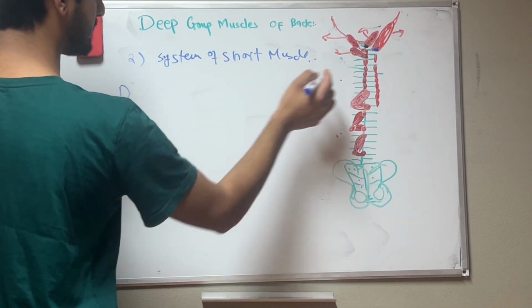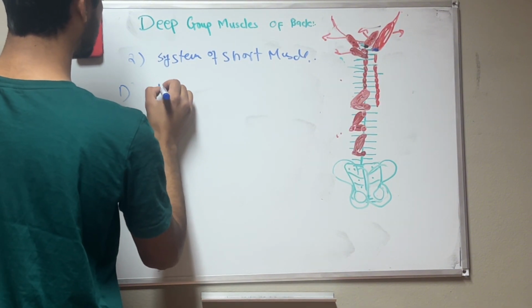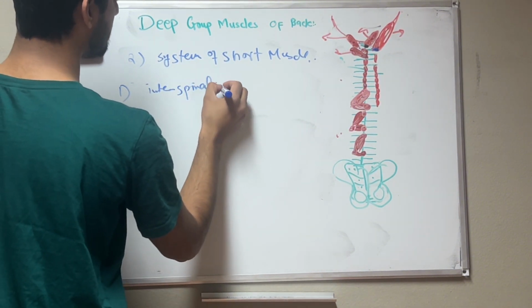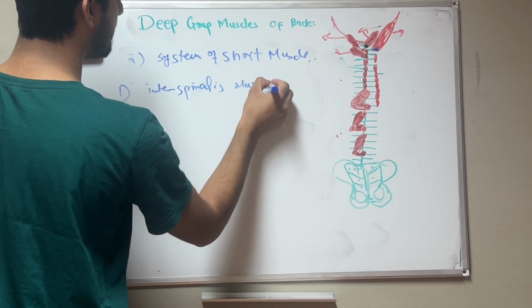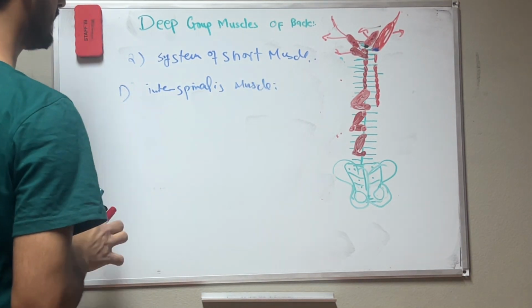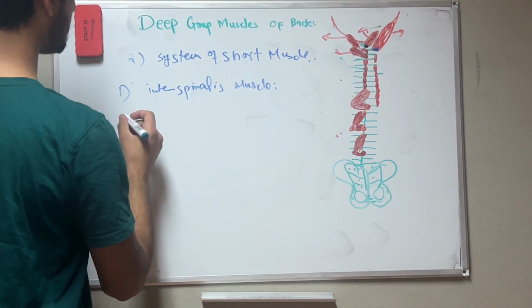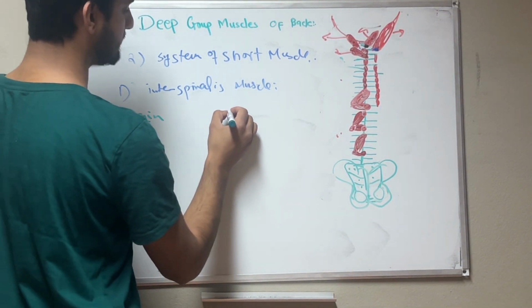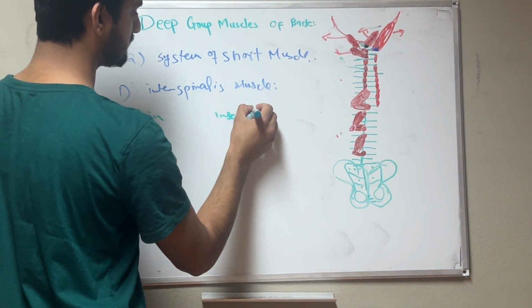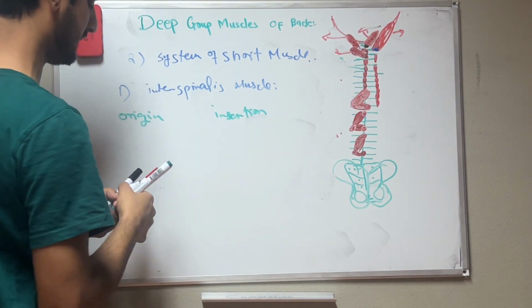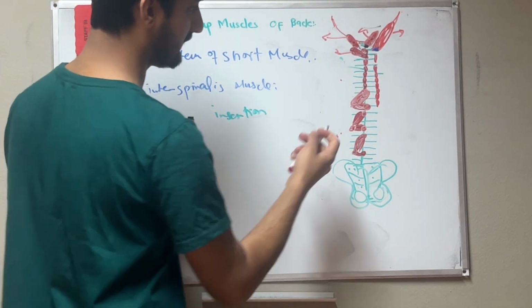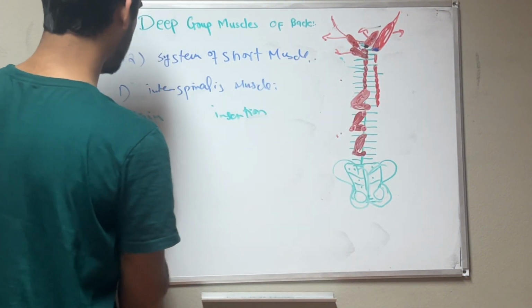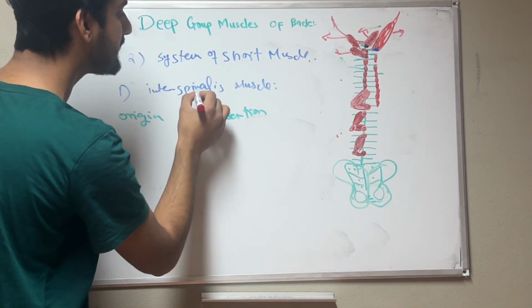One is the interspinalis muscle, interspinal or interspinalis muscle. Okay, origin and insertion. Very simple.